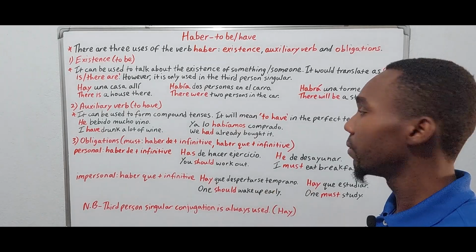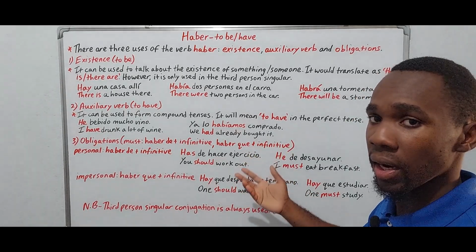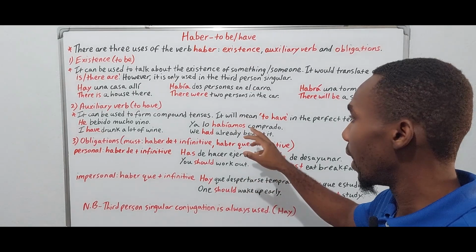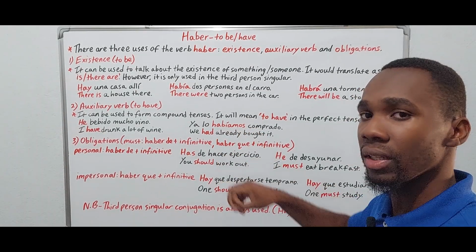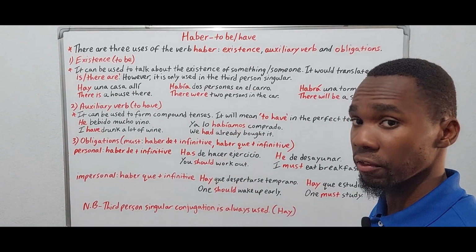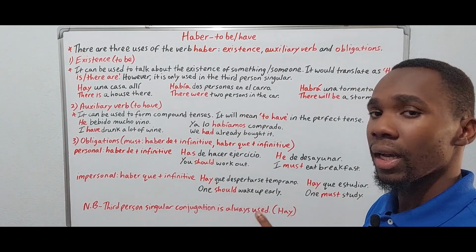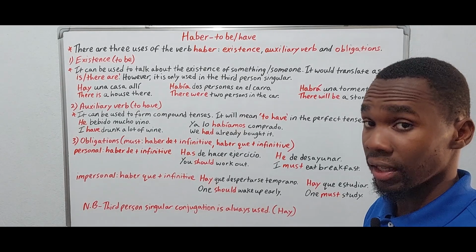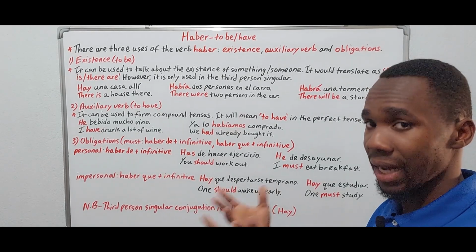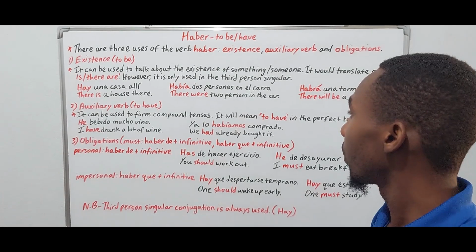So once again, the main verb would be comprar, which means to buy, and habíamos is giving us two pieces of information. It is telling us who is the subject, and it is telling us the time, which would be past tense, right?